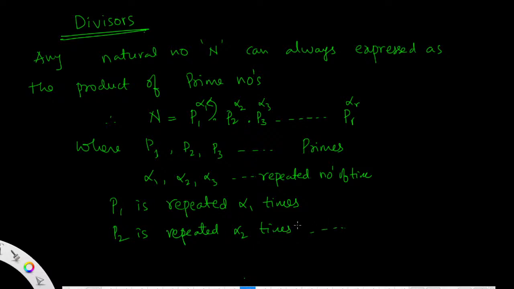If any number is written in prime number form, then p1 to the power of alpha 1 means p1 is repeated alpha 1 times, p2 is repeated alpha 2 times, and p3 is repeated alpha 3 times, like that.